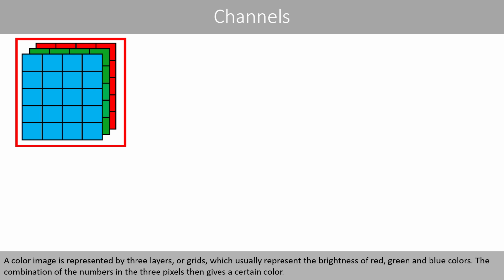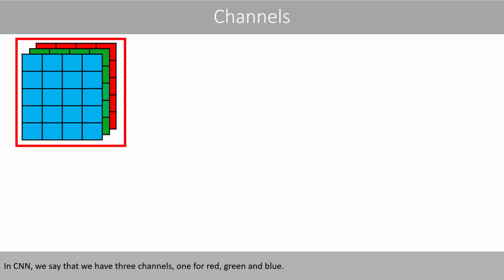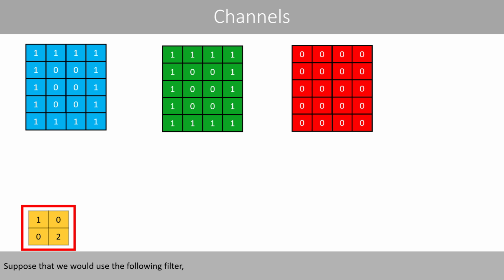We will now have a look at how the network deals with color images. A color image is represented by 3 layers, or grids, which usually represent the brightness of red, green, and blue colors. The combination of the numbers in the 3 pixels then gives a certain color. In CNN, we say that we have 3 channels, one for red, green, and blue.